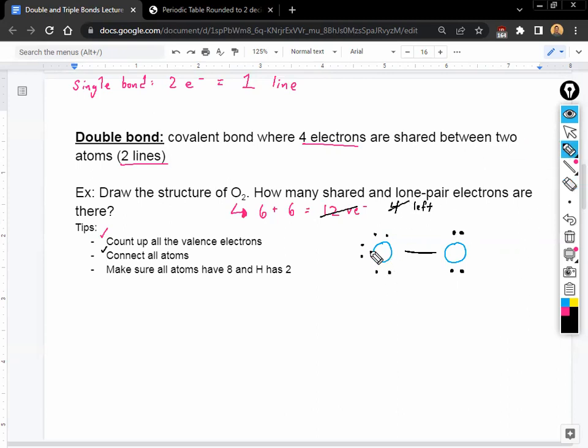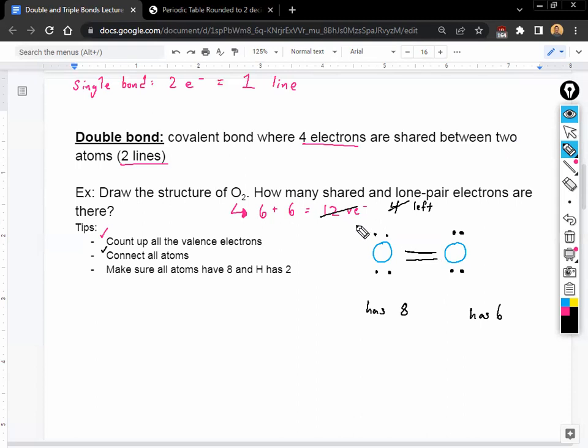And so this guy right here, it's happy, right? It has 8. Okay, but how many electrons does this oxygen have? It has 6. Okay, so what we're going to do is, remember, a line represents 2 electrons, right? So we're going to take 2 electrons from this guy, and create another line in between the atoms.